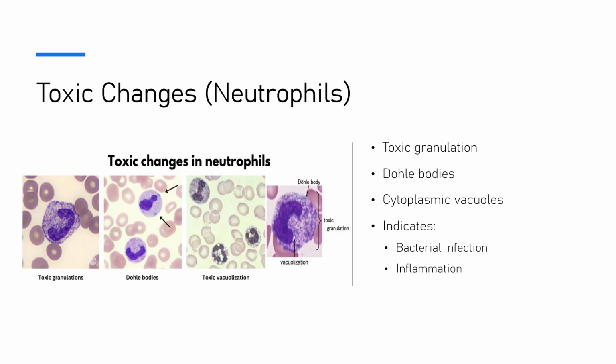Together, these features often indicate significant bacterial infection, sepsis, or severe inflammation. For laboratory professionals reviewing a peripheral smear, identifying toxic changes can provide an early clue that the patient's immune system is actively responding to infection. So when you see neutrophils that look a little rougher, darker, and more busy than usual, that's often the immune system working overtime.